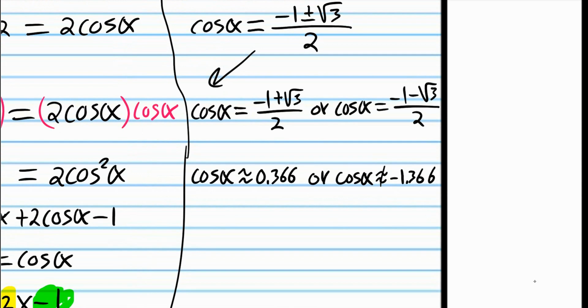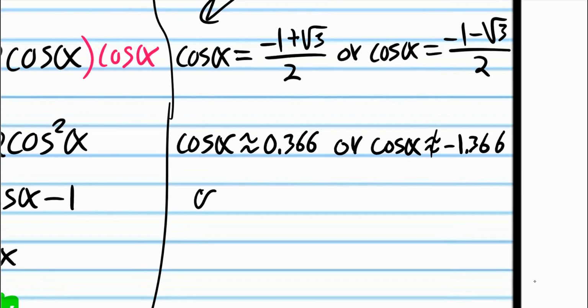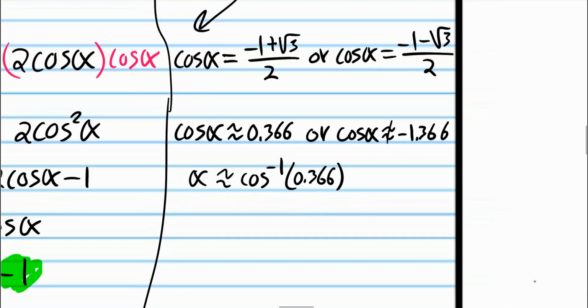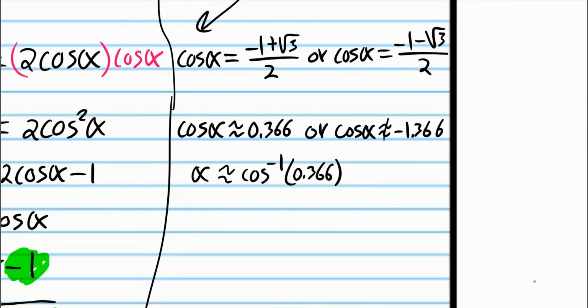We're going to need the calculator to find alpha over here. Alpha is going to be cosine inverse of 0.366. So you want to push the blue second button and then the cosine negative 1 button, in other words cosine inverse. And if you lost that number in your calculator, you can recalculate. We got 0.366025408.